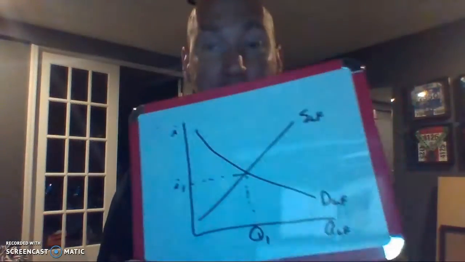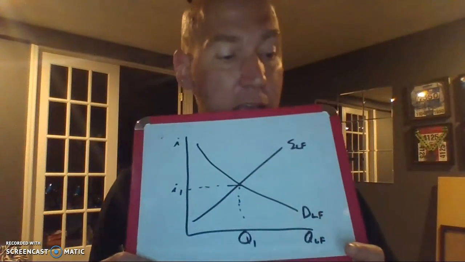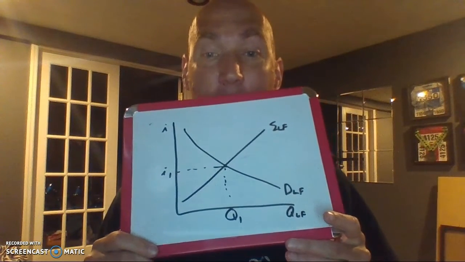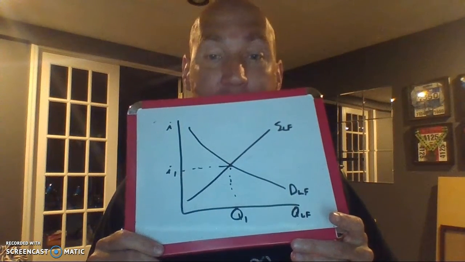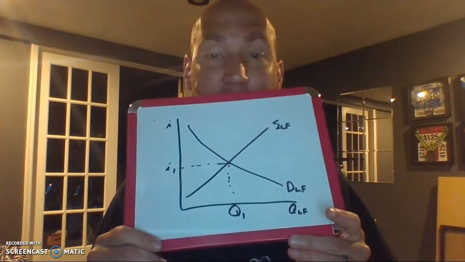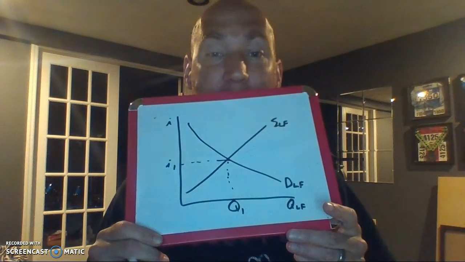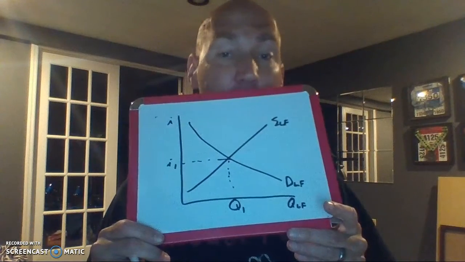Here's our equilibrium point. Now, most of the questions you've had so far on these FRQs have had to do with the government or businesses or consumers borrowing more money. In a case where we're using contractionary fiscal policy, the government is actually going to be borrowing less money, because the government is spending less or taking in more tax revenue, so it doesn't have to borrow as much money.